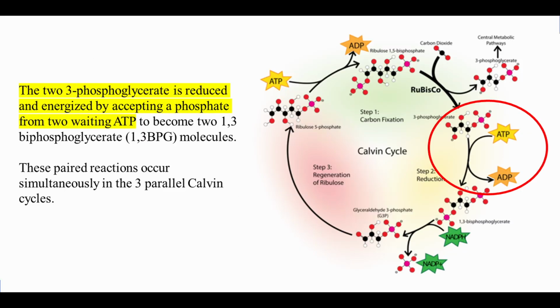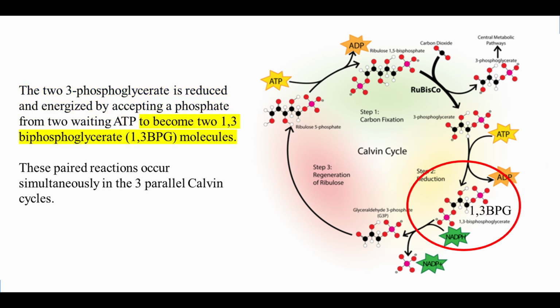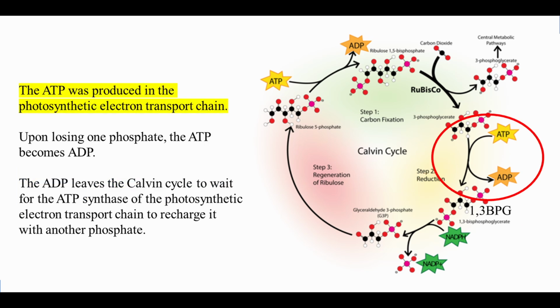In the graphic, the 2 3-phosphoglycerate molecules are reduced and energized by accepting a phosphate from 2 waiting ATP to become 2 1,3-bisphosphoglycerate molecules, abbreviated as 1,3-BPG. These paired reactions occur simultaneously in the 3 parallel Calvin cycles. The ATP was produced in the photosynthetic electron transport chain. Upon losing 1 phosphate, the ATP becomes ADP.